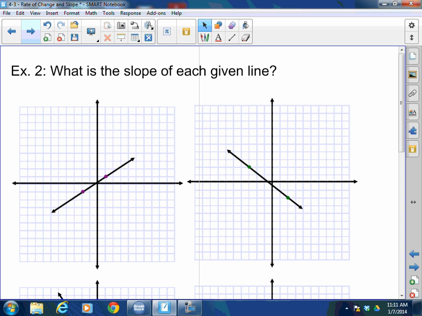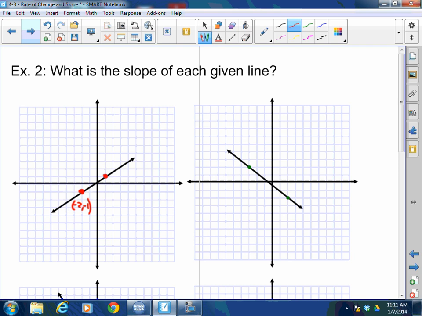So the first perfect point on the left is right here. That point is -2, -1. What did I do from this point? How did I rise and run or fall and run to get to this perfect point over here?